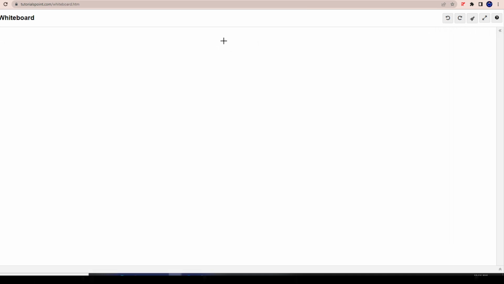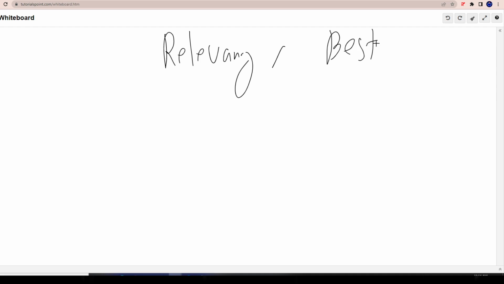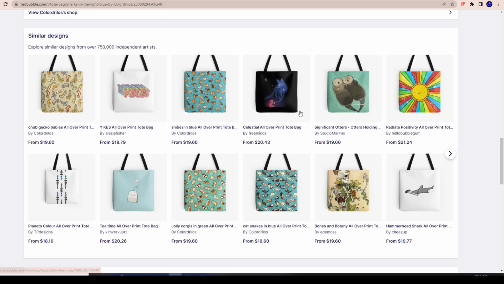The concept of the algorithm really relies on relevancy and bestsellers. And these are really the top two when it comes to being a Redbubble seller. It will be very rare that people search for trending or newest.